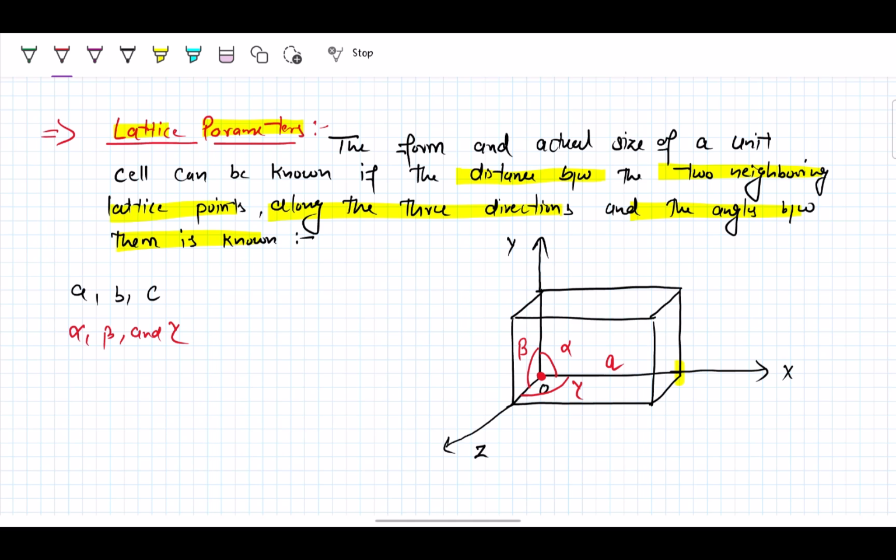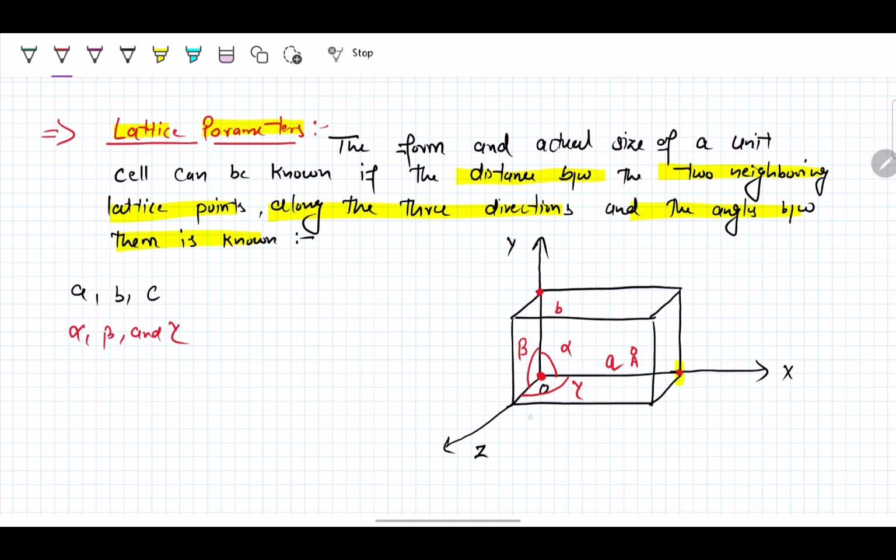So for atomic scale, what we generally use is nanometer or angstrom. It means from the origin to the nearest neighboring atom towards the x-axis, the distance is A angstrom. Along the y-axis, the distance from the origin to the nearest neighboring atom is B angstrom, let's say B.